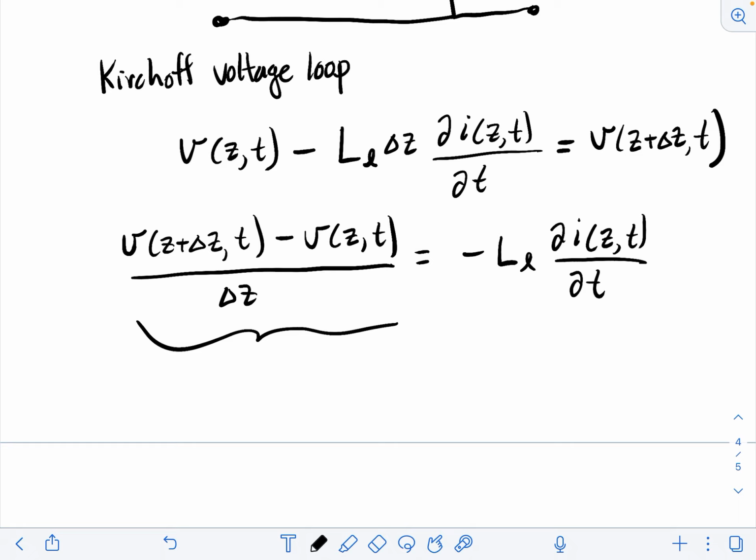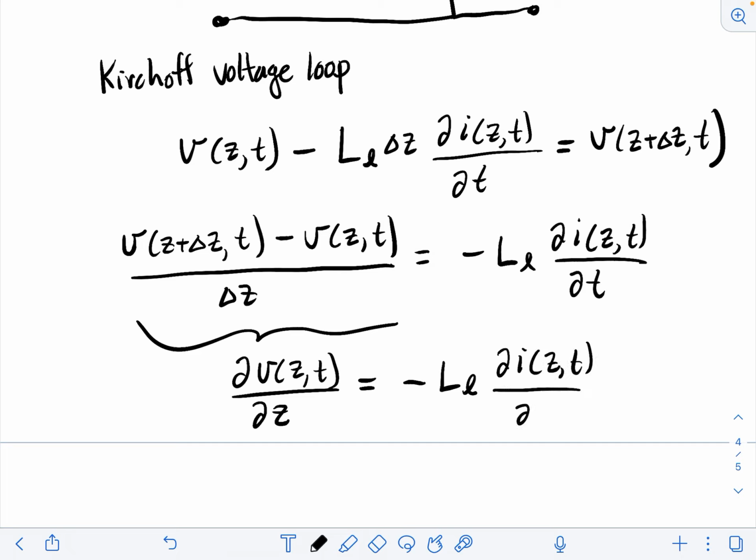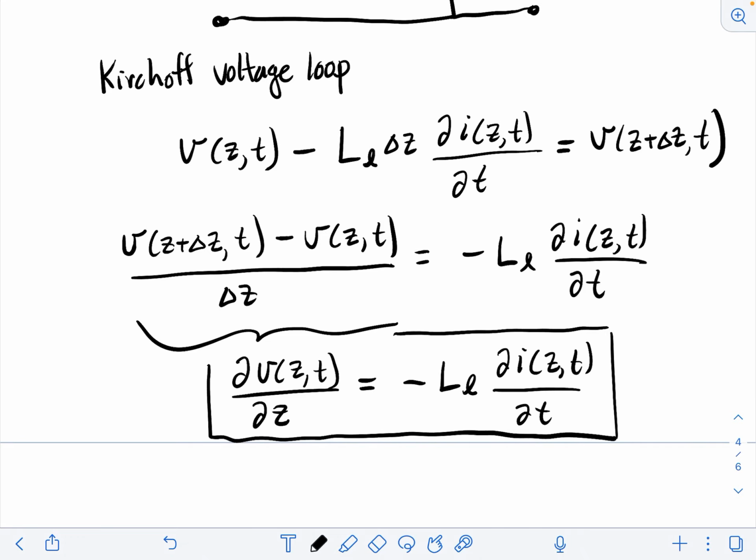And so what we have then is dV(z,t)/dz equal to minus the inductance per unit length dI/dt. So we have a partial differential equation where we have a position derivative of the voltage on one side, and on the other side a current derivative with respect to time. Okay, and so this is going to be equation 1.